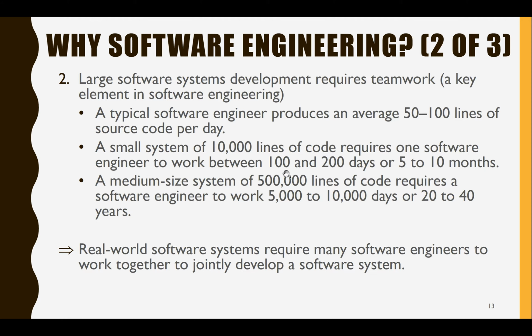But don't forget that there is lots of quality assurance, and there's also coordination between team members that will slow us down. Actually, not necessarily a little bit, but sometimes significantly. So that's why a software engineer cannot write 100 lines of code in an hour.